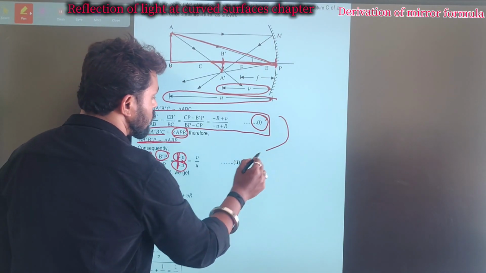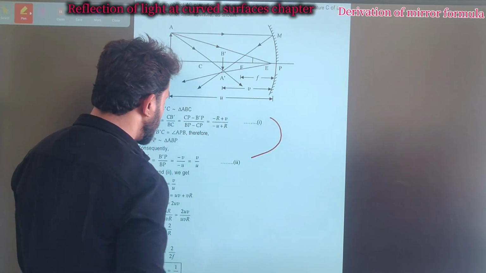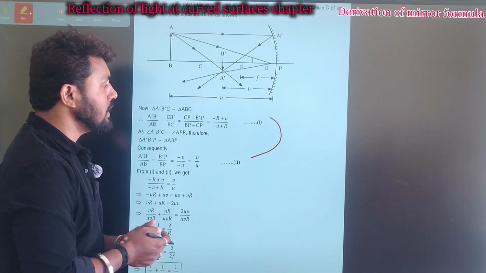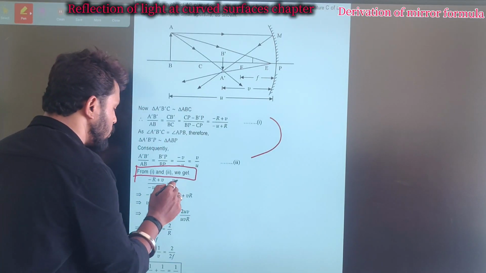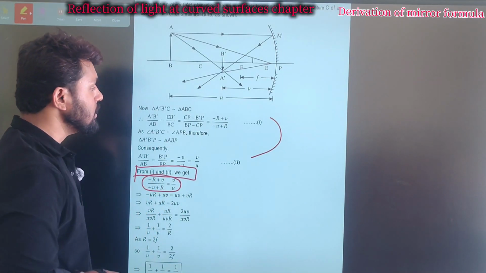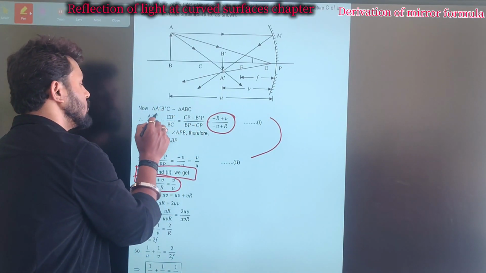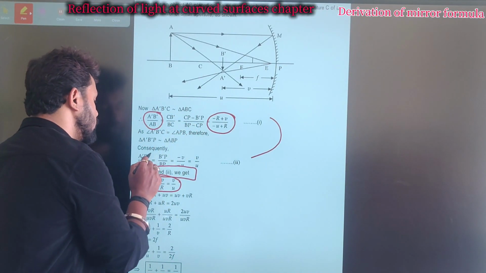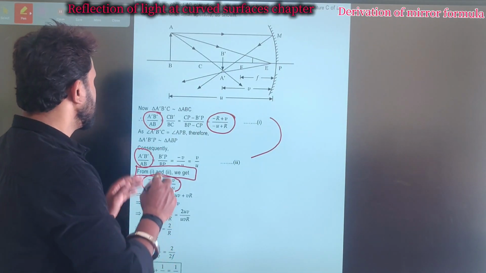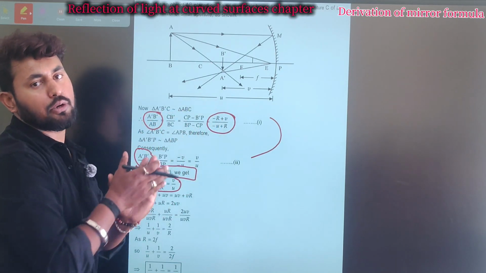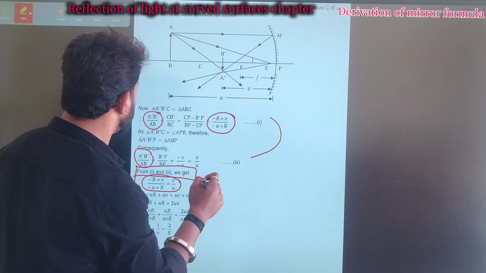Now from equation 1 and 2, if we equate them, we will be able to equate this equation like this. Why we are equating it is because this is also A dash B dash by AB. Now, if both equations have one common value, then I will be able to equate them. This means this is equal to this. Now I'll write it over here so that you will understand.